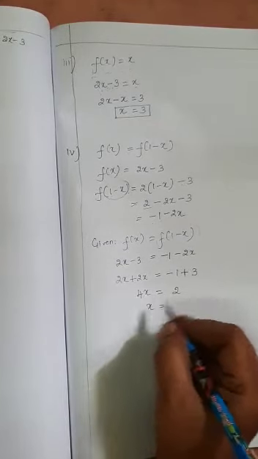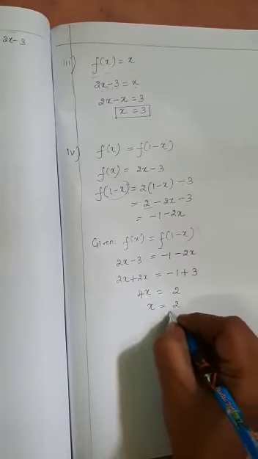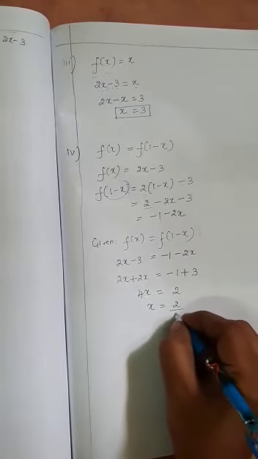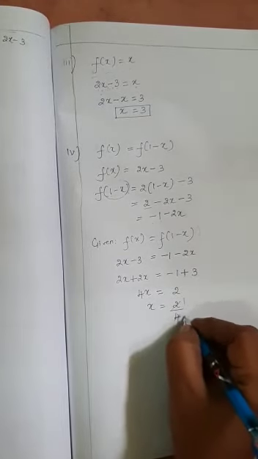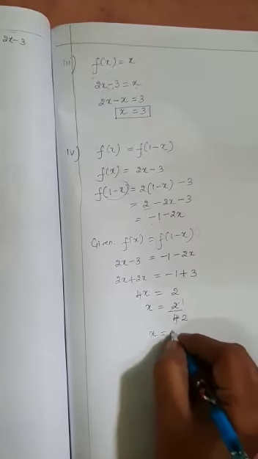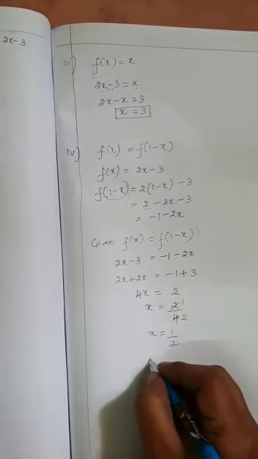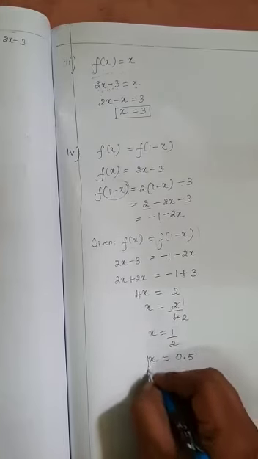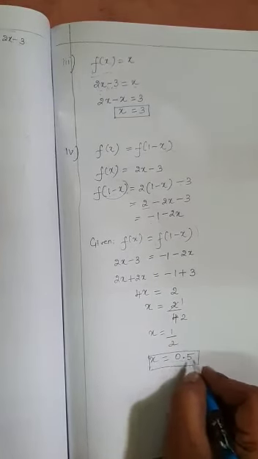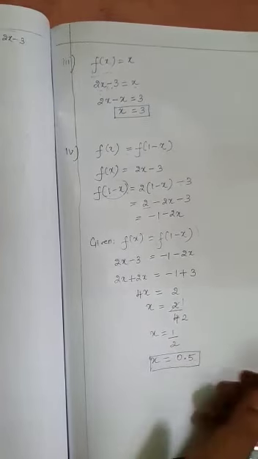So if it goes that side, it will become as division part. So 2 divided by 4. So cancel this. We'll have x is equal to 1 by 2, or else you can write x is equal to 0.5. So the value of x is equal to 0.5.